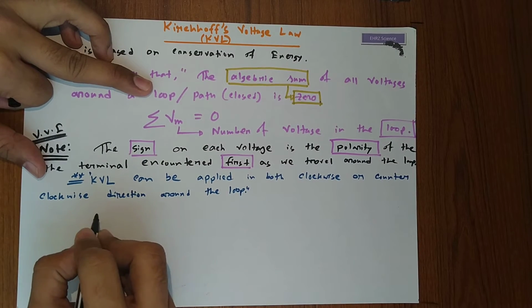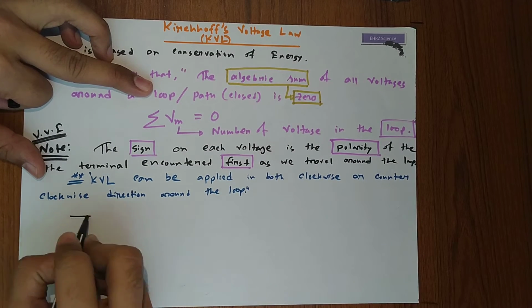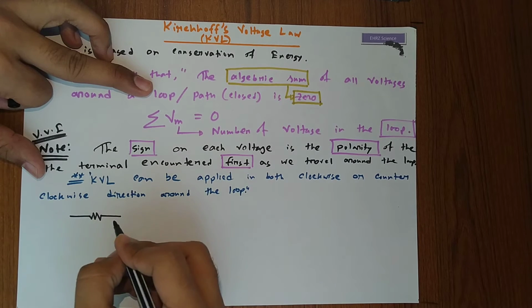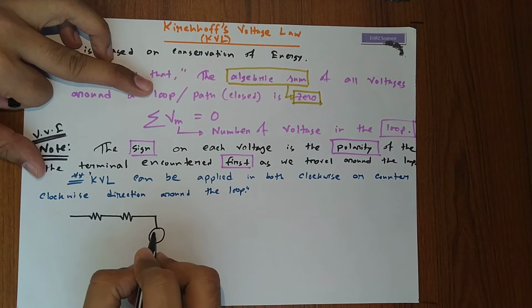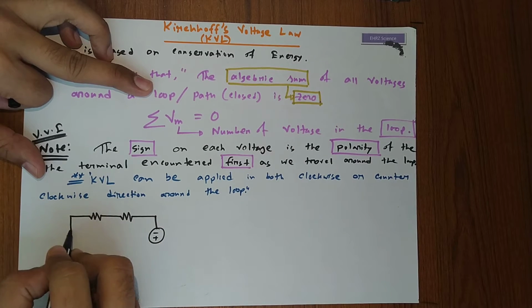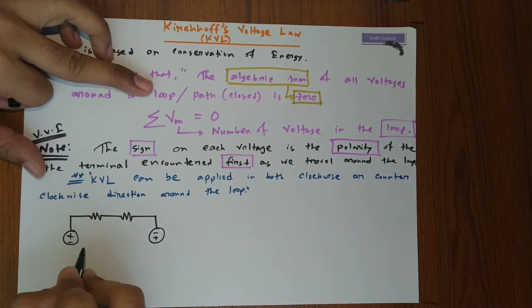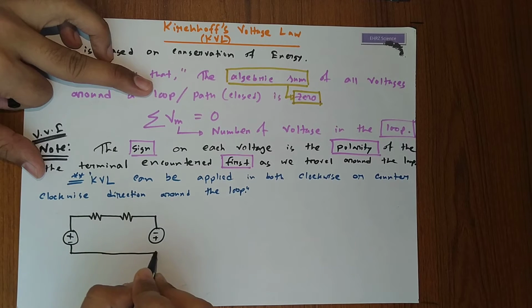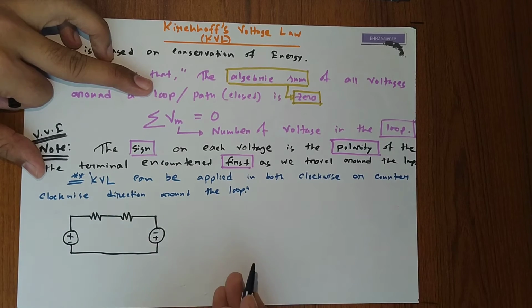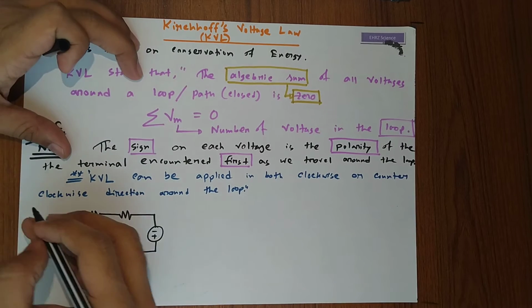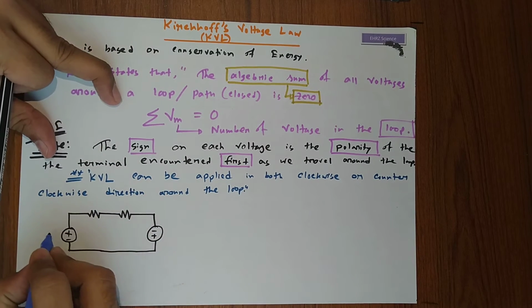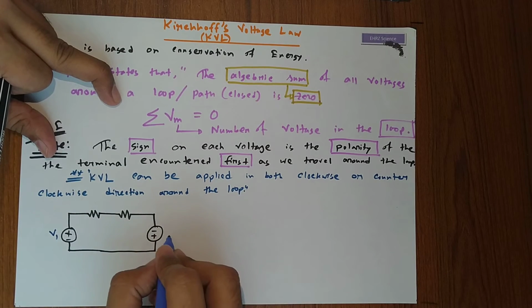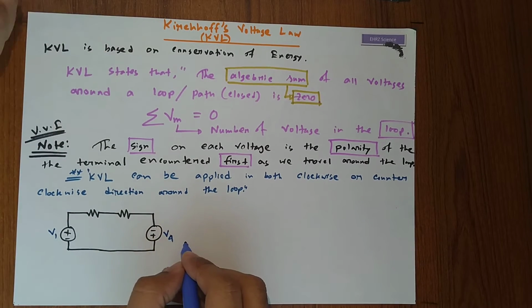See, we have a loop here. Suppose this is a loop and this is voltage source V1, this is voltage source V4.